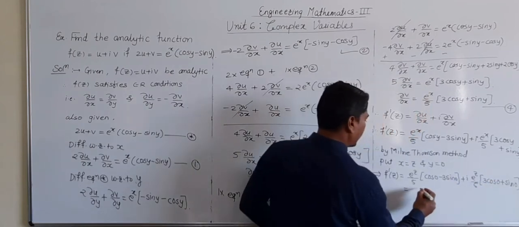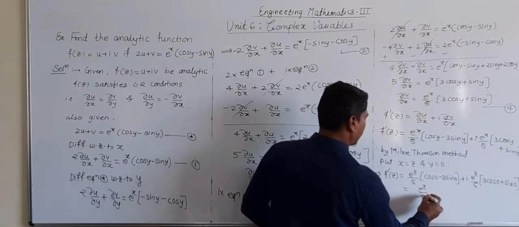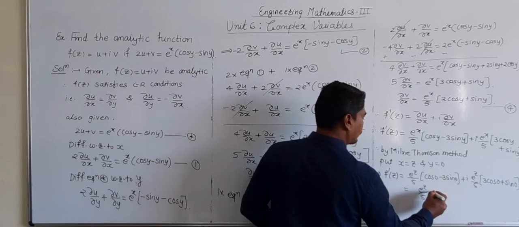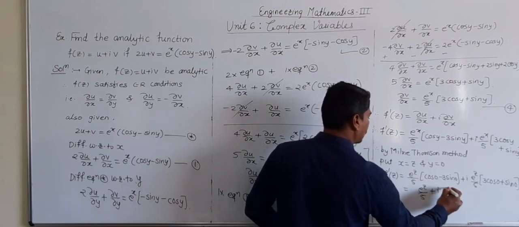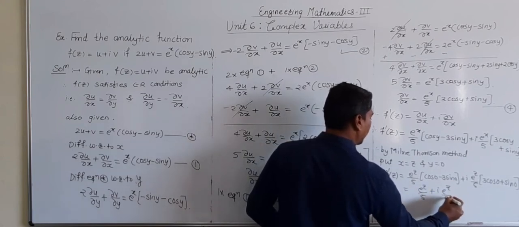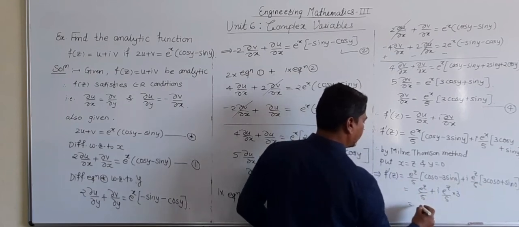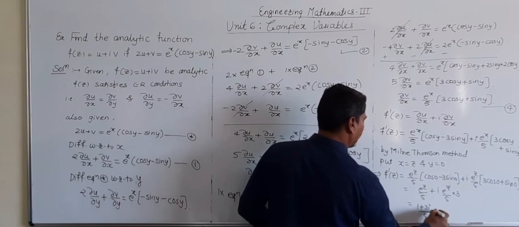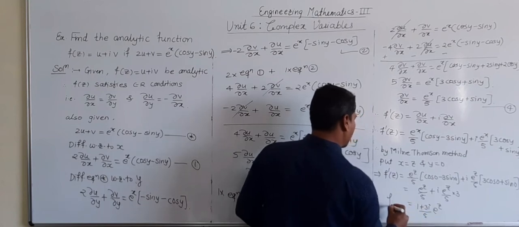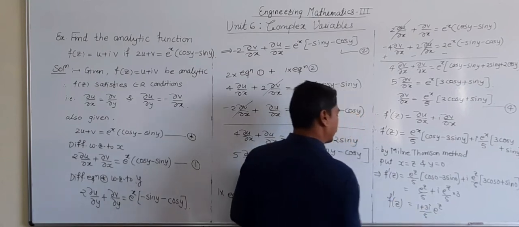So in that way we get e^z/5. This term becomes 0, plus i e^z/5 times 3. So in that way we get (1 + 3i)/5 e^z. So this is our f'(z).